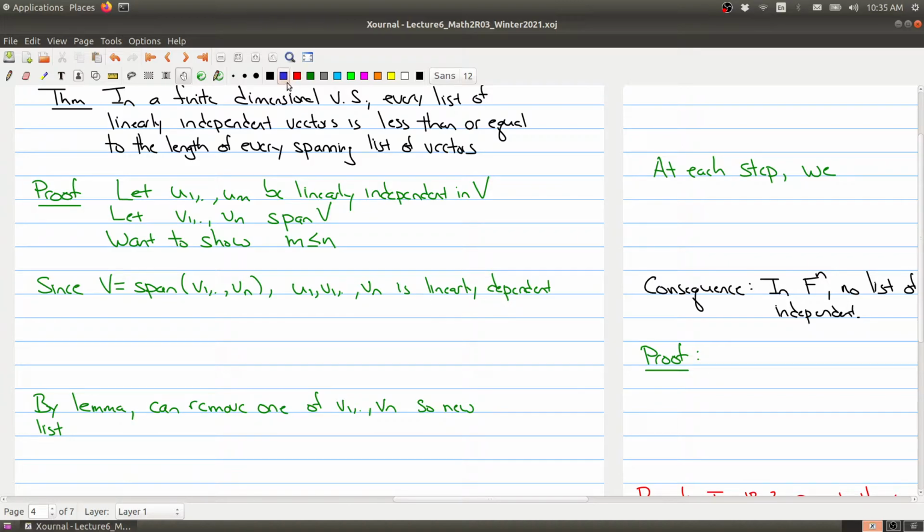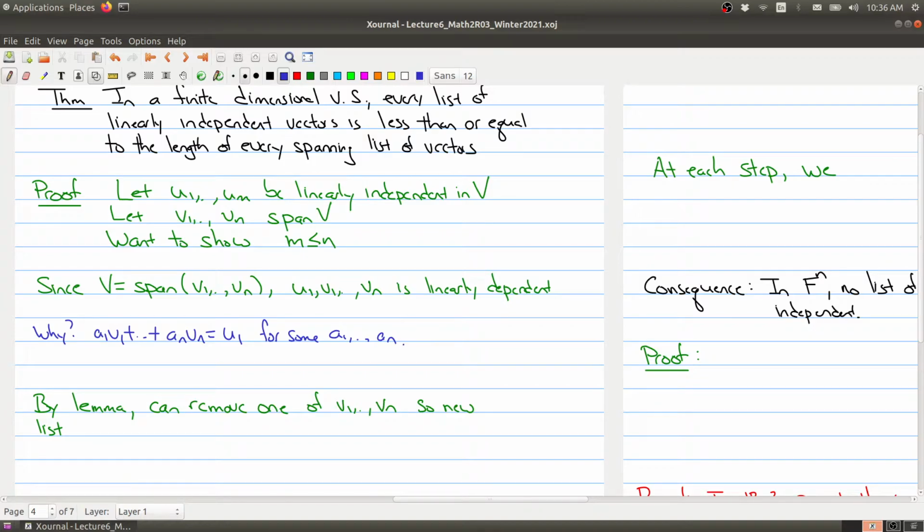dependent list. Why was that true? Well, you know that a1 v1 up to an vn has to be equal to u1 for some a1 up to an, because u1 is in V, so it's in the span.